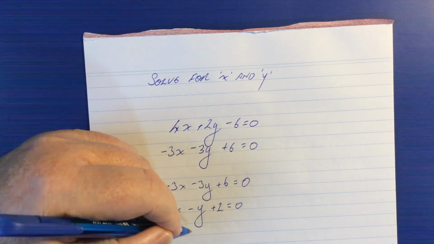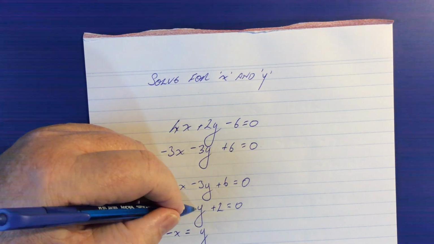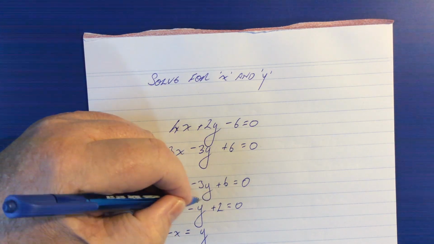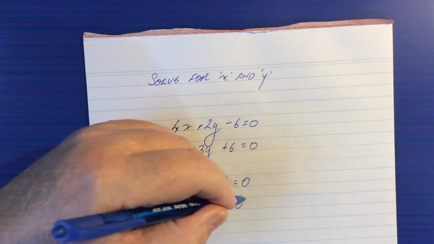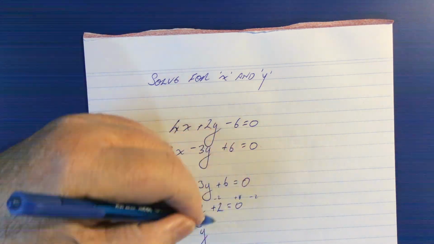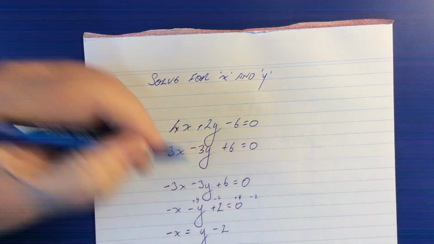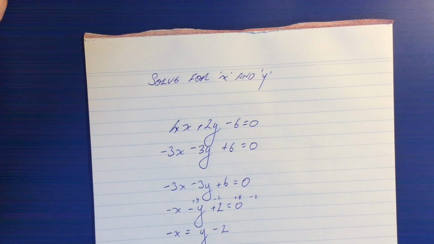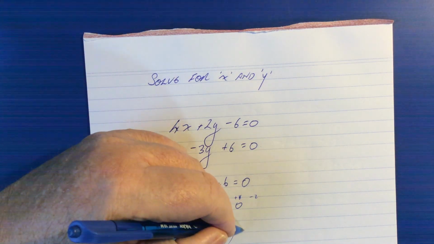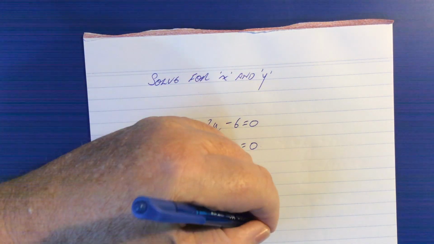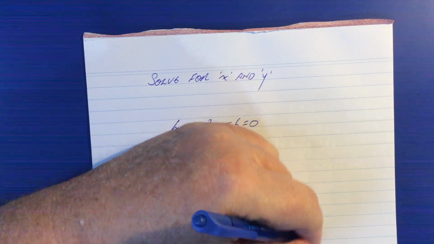Negative x equals y. We move this y over to here by adding y. And we get rid of the 2 by subtracting 2. So negative x equals y minus 2. Now, if we multiply this by negative 1, we get x equals 2 minus y.